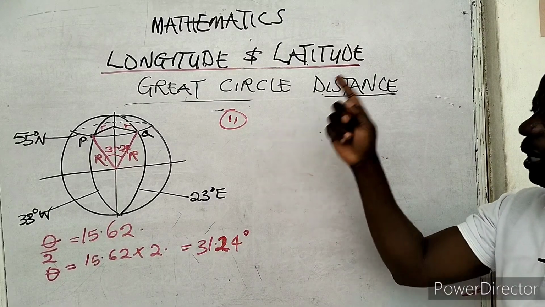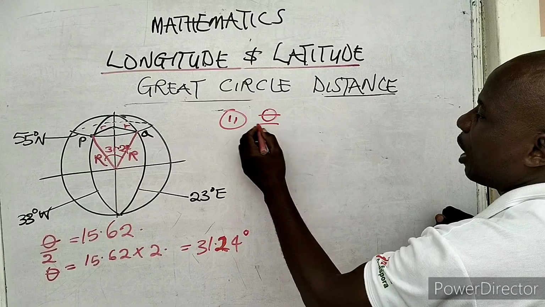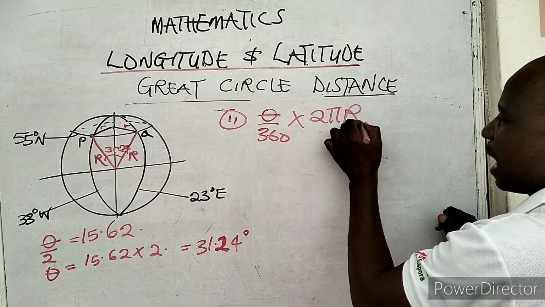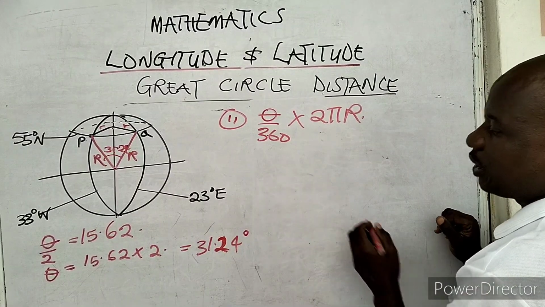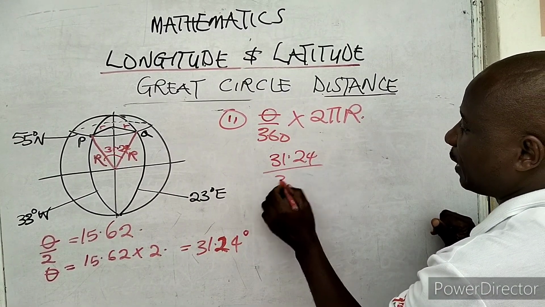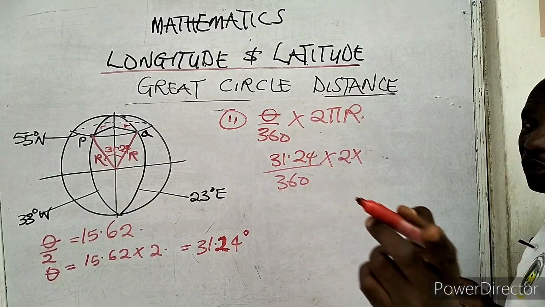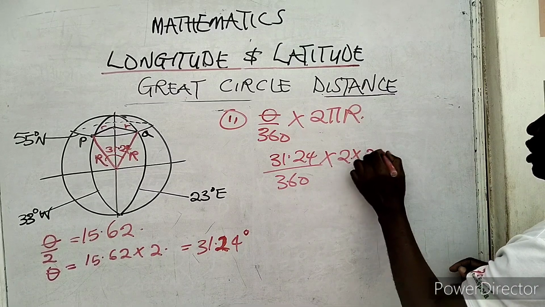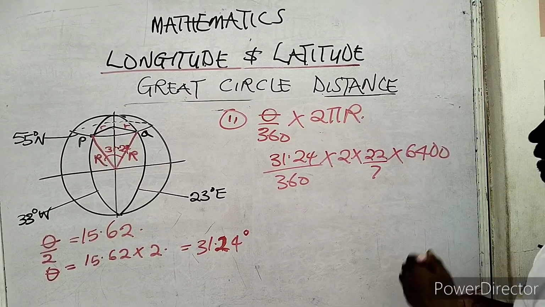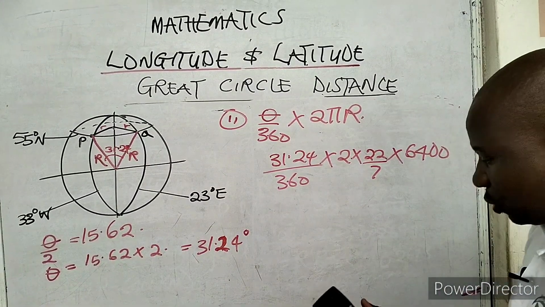So distance along the great circle, you have seen that it is capital R, is theta all over 360 times 2 pi capital R. Theta is 31.24, all over 360 times 2 times pi, take pi to be 22 over 7, times 6400.